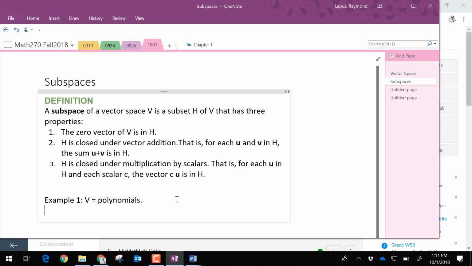So H equals, and I'm just going to randomly pick two, polynomials of degree less than or equal to 2, a subset of the big family of polynomials.